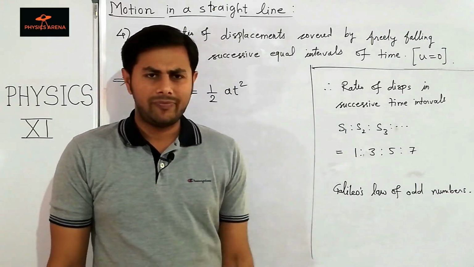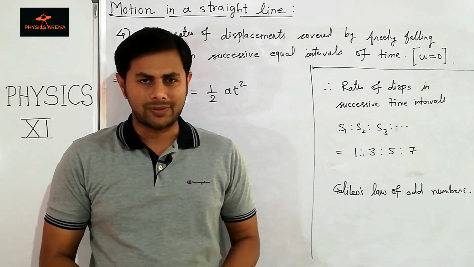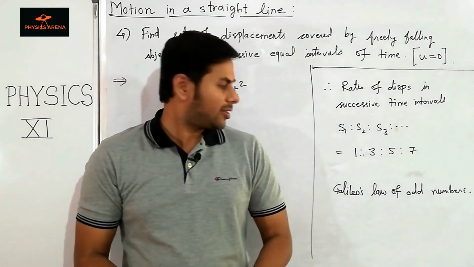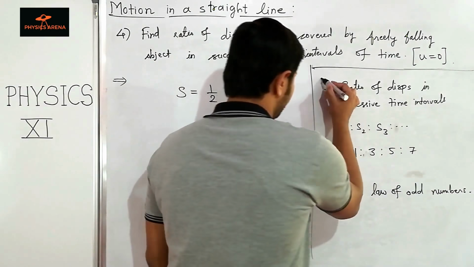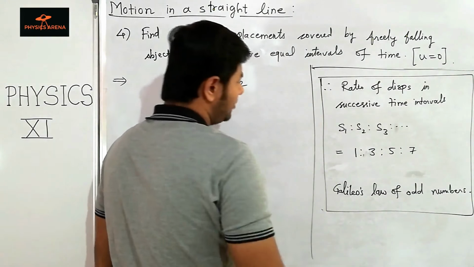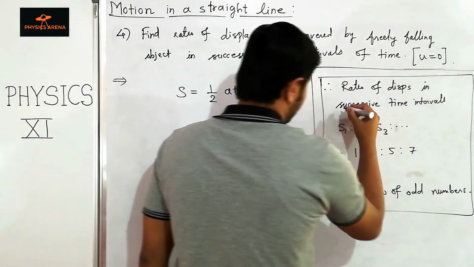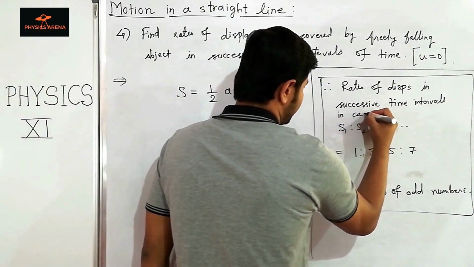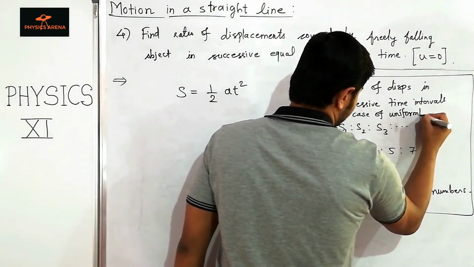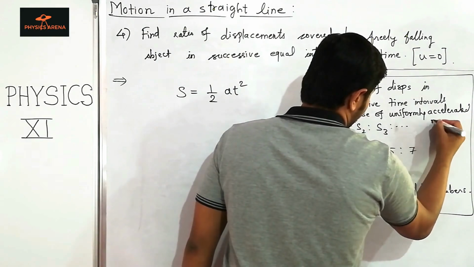This is the beauty. It may be gravitational motion or any other accelerated motion. So we can use this result. This is an important result. So let us put a box here: the ratio of displacements in successive time intervals in case of uniformly accelerated motion.